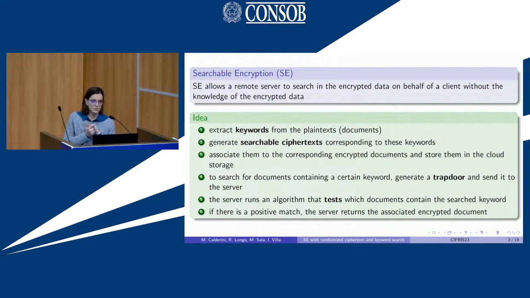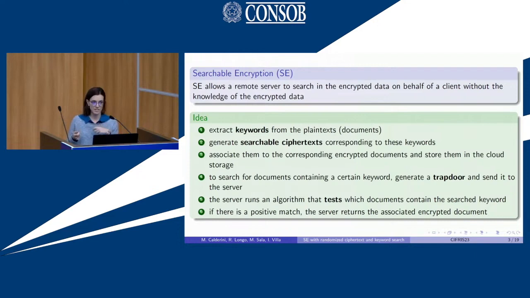And then if we want to perform a search, so we want to look for documents that are characterized by a keyword, we take this keyword that we want to search, generate a trapdoor, and send this trapdoor to the server.